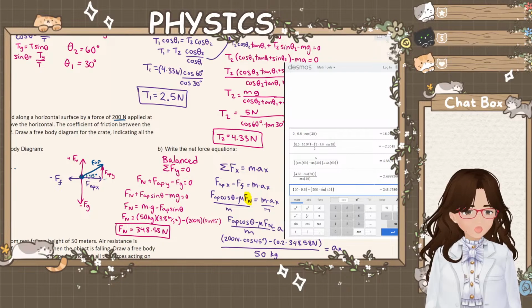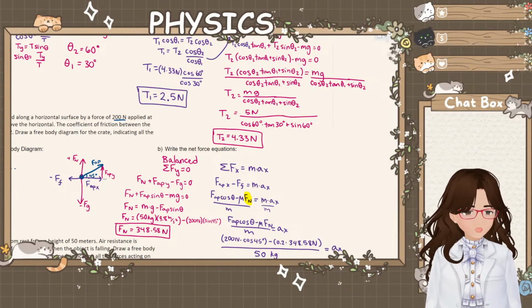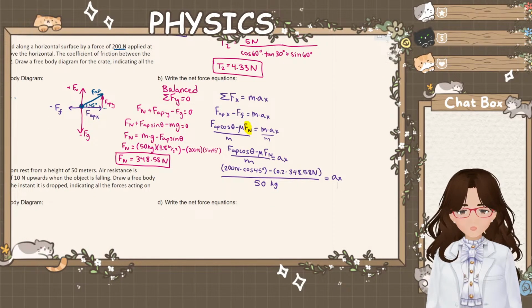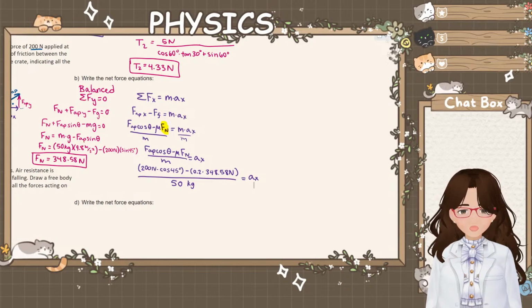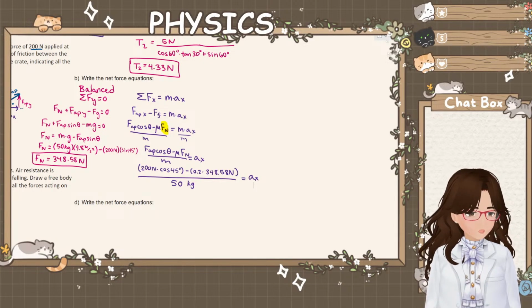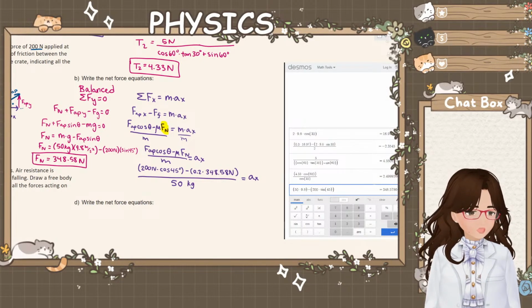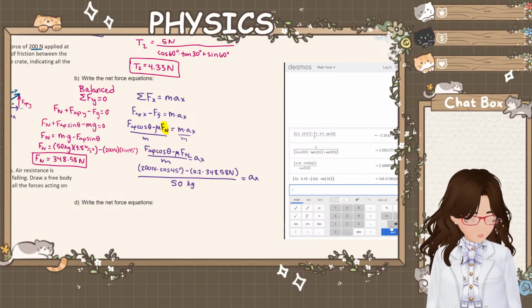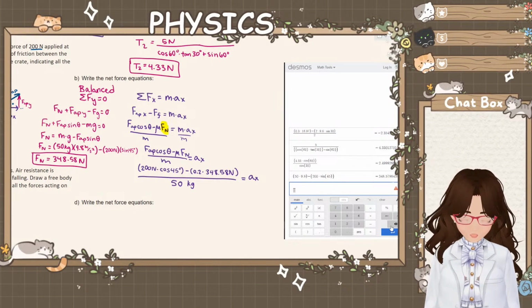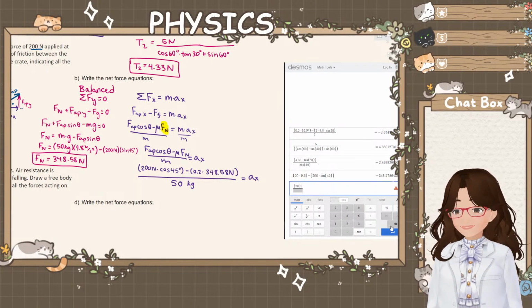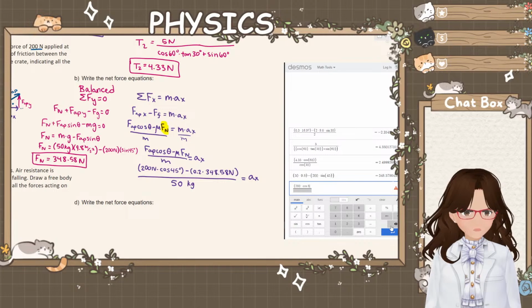Okay, so with that in mind, we could go ahead and calculate. Let me scoot it over so we keep it on the screen. In this case here, set up that fraction. We got 200 newtons times cosine of 45 degrees.